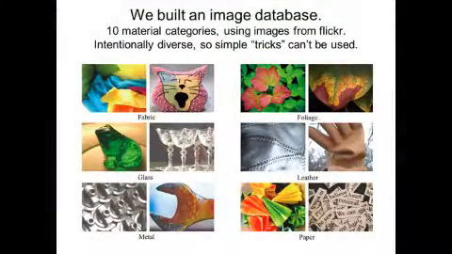And so the first thing we did, this is work with Se Liu, who's now at Microsoft, and Lavanya Sharan, who was a grad student. So we built this database. Again, we went to Flickr. These are all Creative Commons pictures, so we can use them.